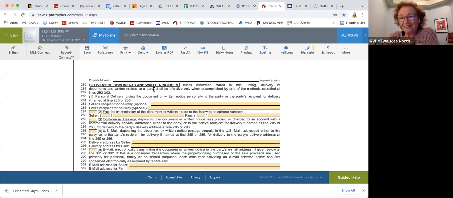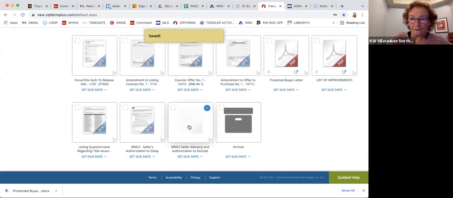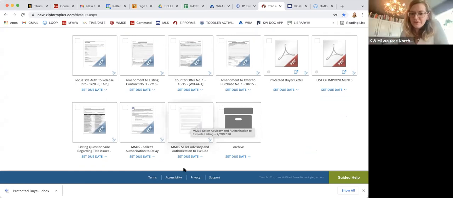Get the listing. And as Steph said, better to get an excluded listing. Sometimes if the seller doesn't want to be fully out there, get an excluded listing, but don't fool around with adding lots of possible people to the single party listing. Yeah.